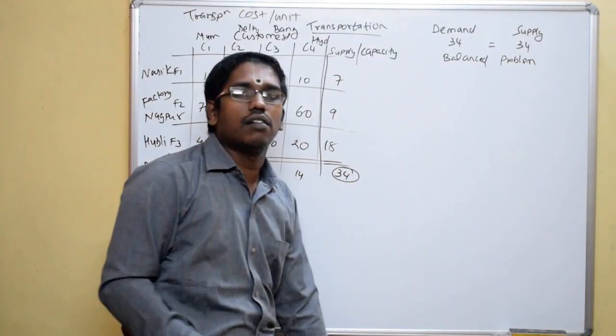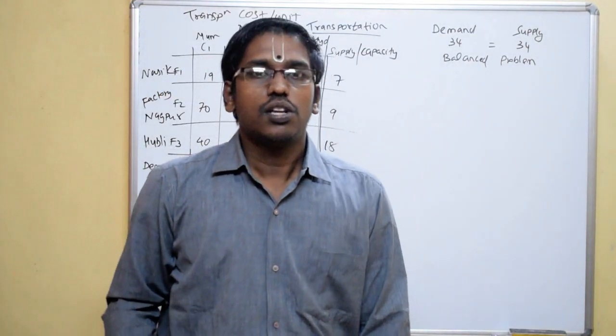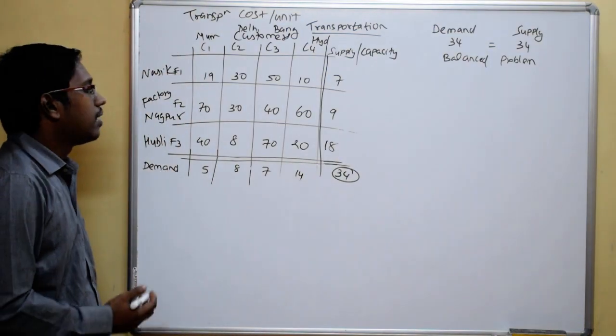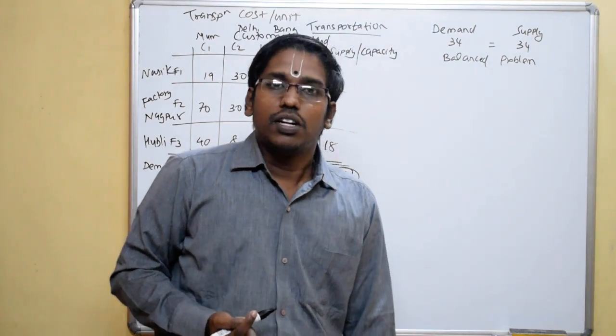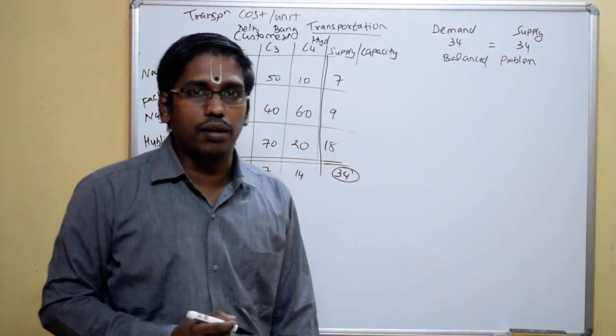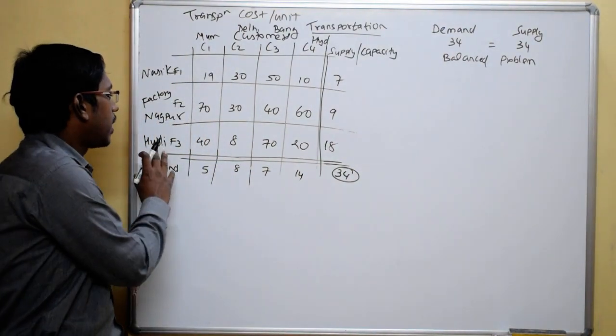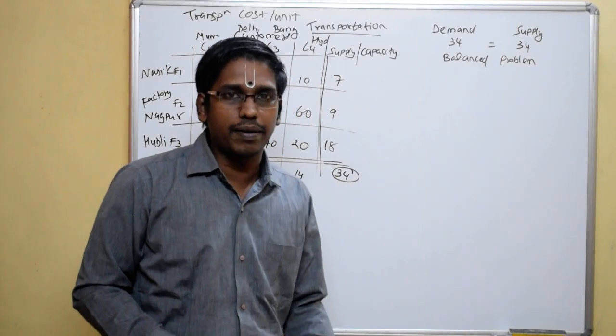Note that to solve any transportation problem, the problem has to be a balanced one. So if you find a numerical wherein the demand and supply are not equal, then you will have to take a step to ensure that both are equal. Either you make a dummy row or a dummy column. I mean, either you assume a dummy customer or you assume a dummy factory. We will look at those illustrations a bit later.